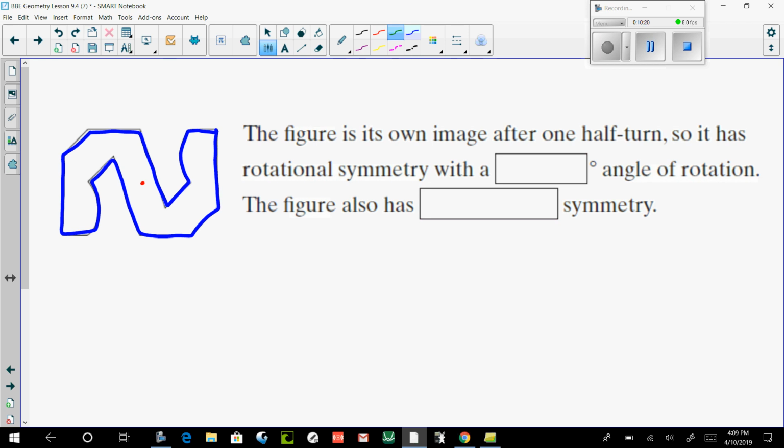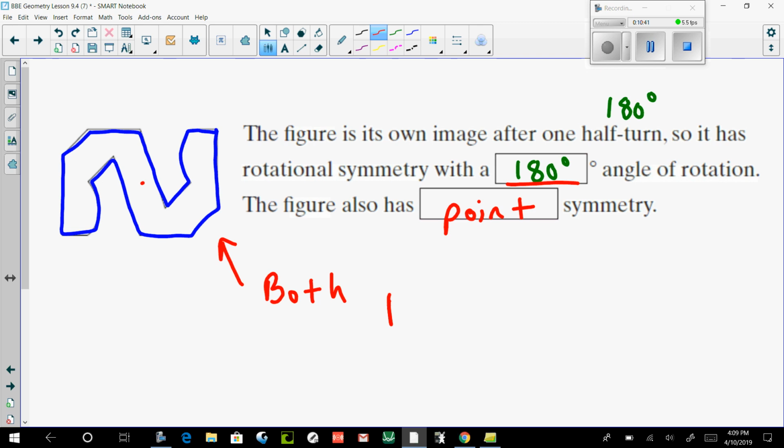So it says the figure is its own image after a half turn, and a half turn is 180 degrees. So it has rotational symmetry with a 180-degree angle. Because that is exactly 180, this figure also has point symmetry. So here would be an example of an object that has both point symmetry and rotational symmetry. This object does not have line symmetry.